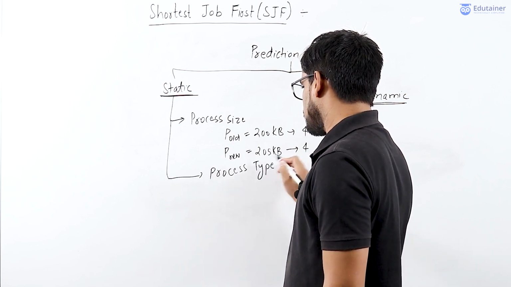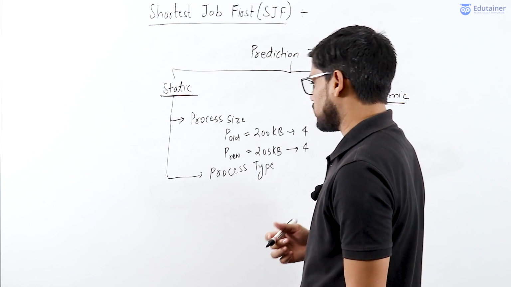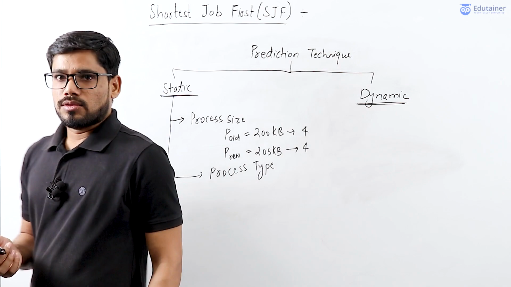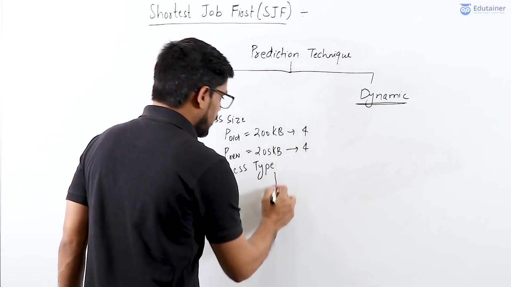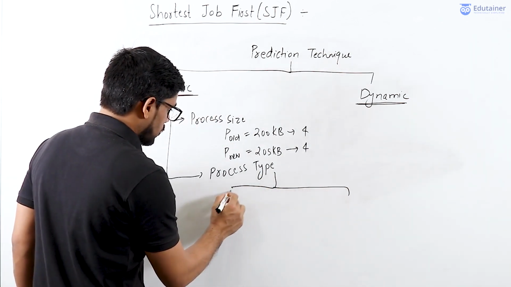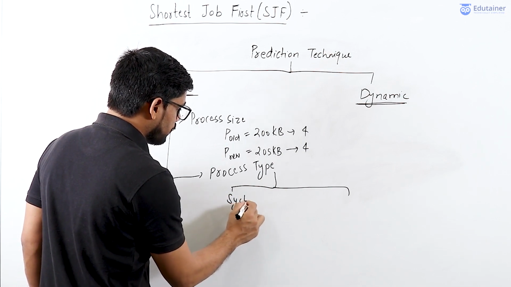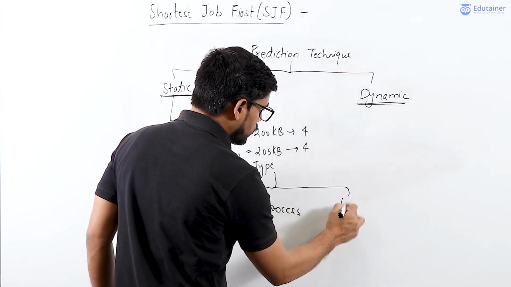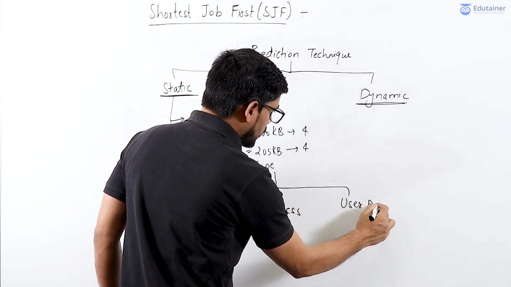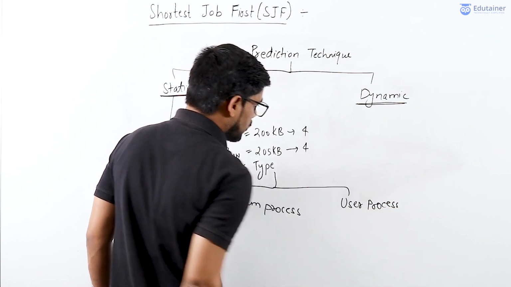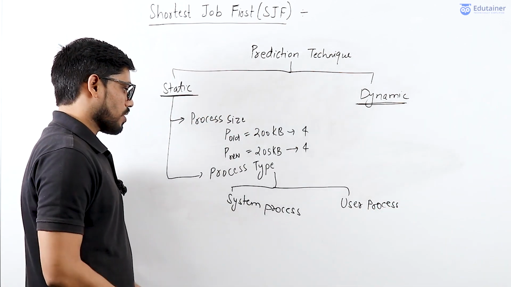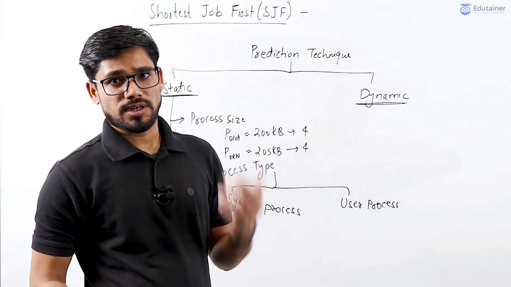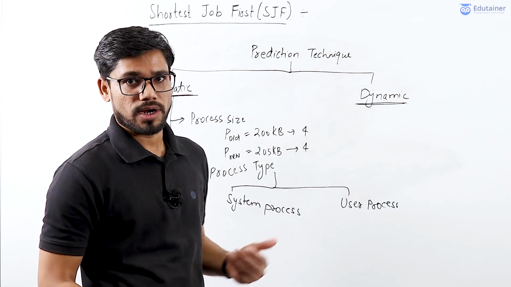In an operating system, or in our computer, processes are classified into various categories. They are mainly divided into two categories. One is the system process, which is run by the operating system, and the other one is the user process. User means a programmer or naive user who can run the various processes. System processes are, for example, the CPU scheduling algorithm, resource manager, file allocator or resource allocator.